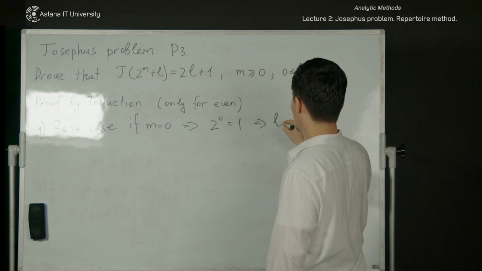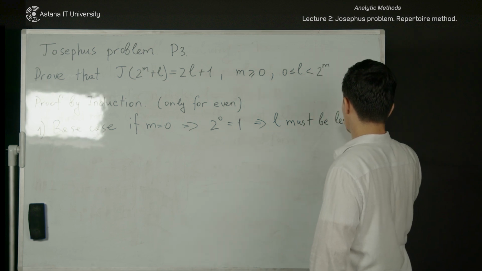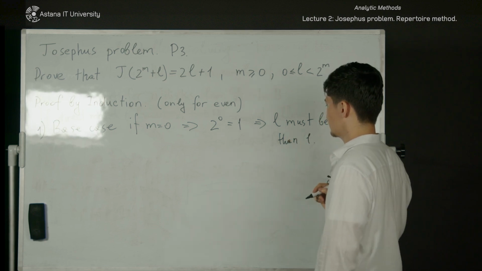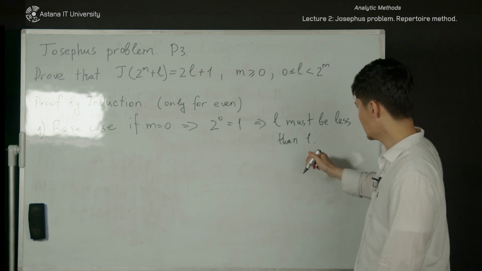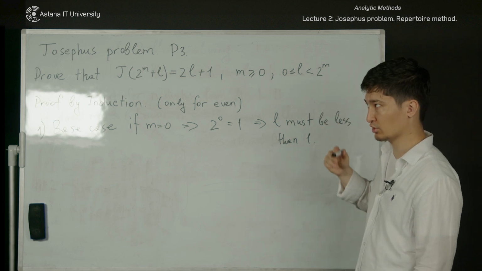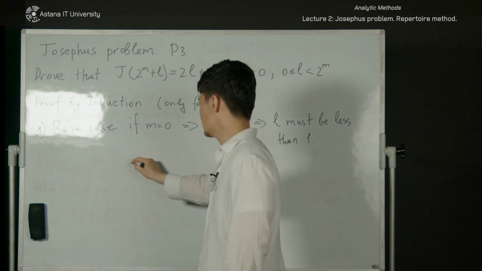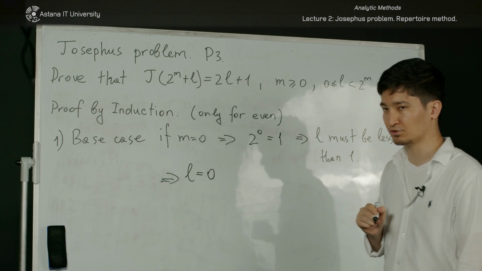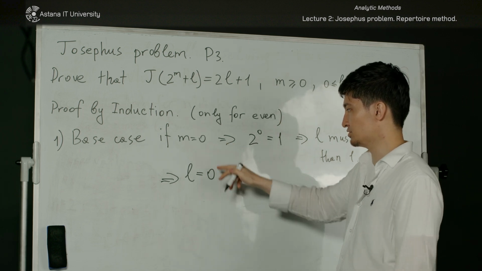So L must be less than 1, right? And what is the only value for L? If L must be less than 1, but greater or equal than 0, the only value for L remains to be 0, right? So L also must be equal to 0. So in this case, we have m equal to 0, L equal to 0.